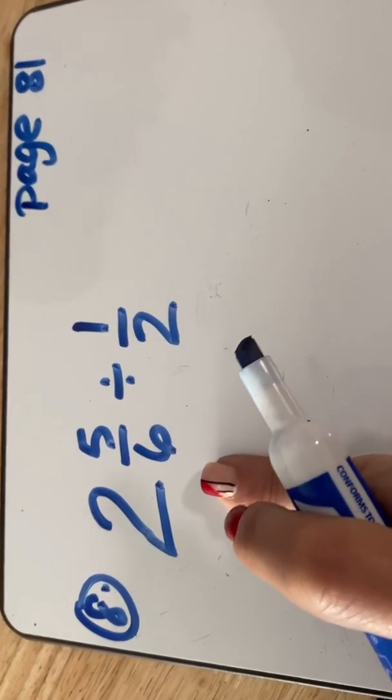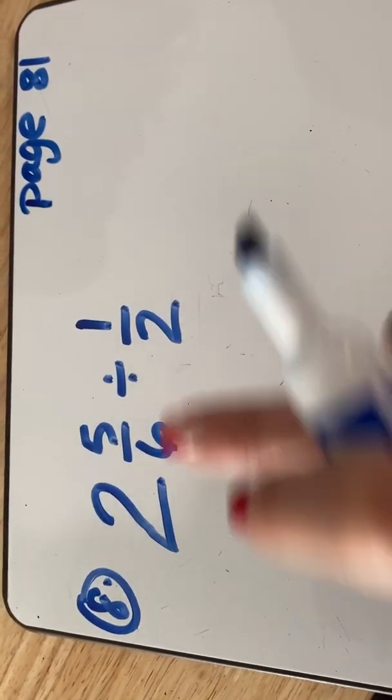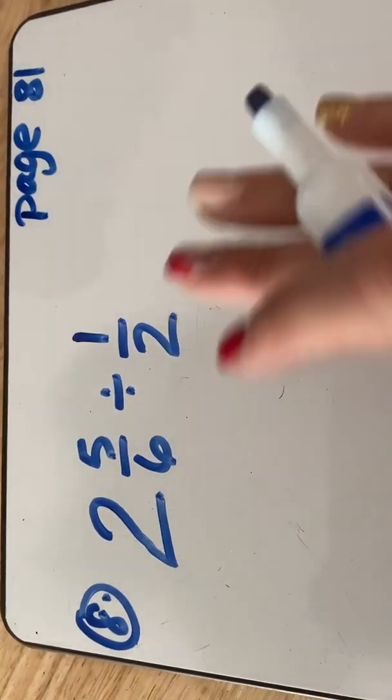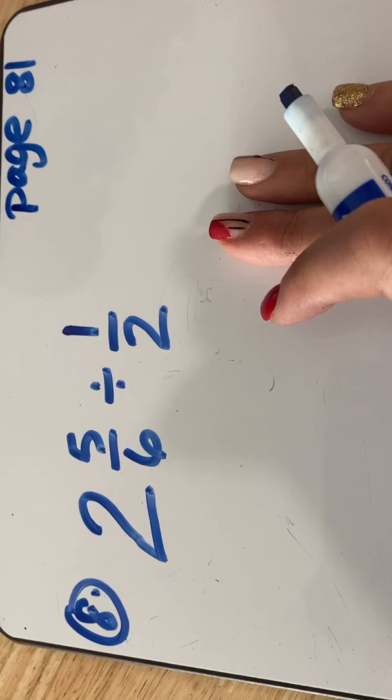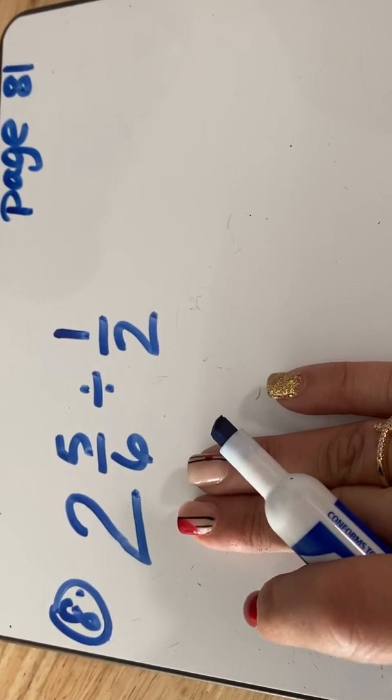As we multiply or divide mixed numbers with fractions, fractions with fractions, or mixed numbers by mixed numbers, the important thing to know is that whenever we have a mixed number, we must change it into an improper fraction.